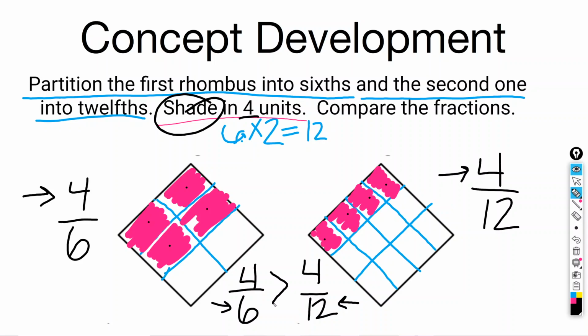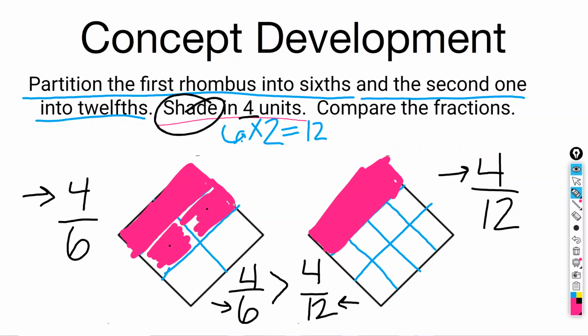Where the alligator mouth is opened up to the bigger fraction. And if we look up at our picture, we can tell too that this top part and this top part cover the same amount of space.